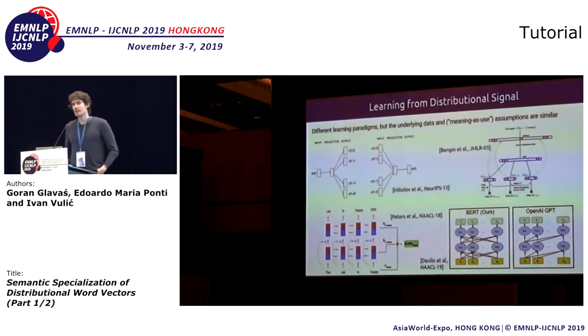Okay, so the main idea is to combine these two sources of information. The first one is learning from distributional signals. I think the main idea behind distributional semantics is learning from the data, or trying this Firthian or Wittgensteinian hypothesis that we can just define meaning as use, and the word has meaning only when it co-occurs with other words.